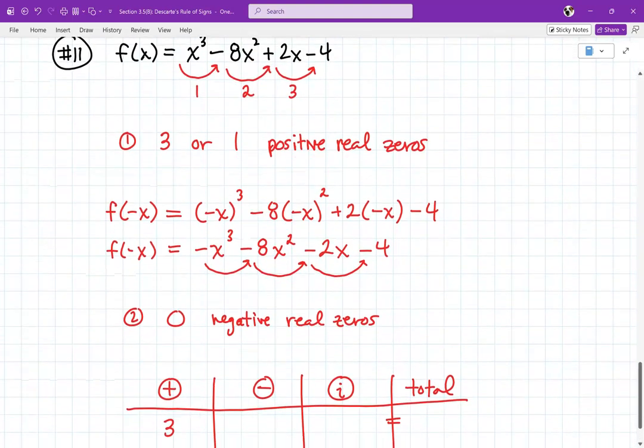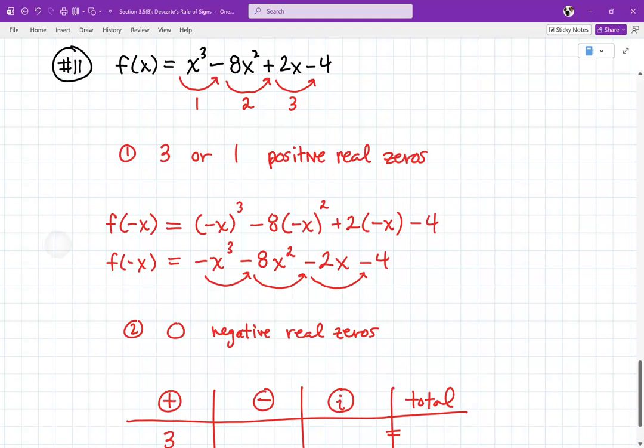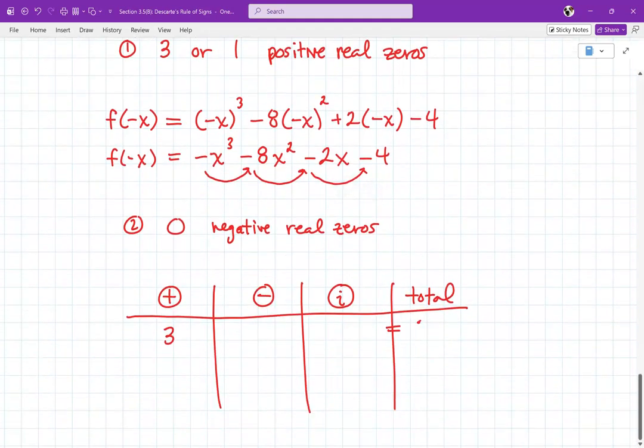This is supposed to be the total number of answers for this one. 3, right? X cubed to start. So it's supposed to add up to 3. So if I have 3 positive, how many negative and imaginary can I have? 0, right? Because 3 plus 0 plus 0 is 3. Great. So if I have 3 positive, then I can have no negatives, no imaginaries.